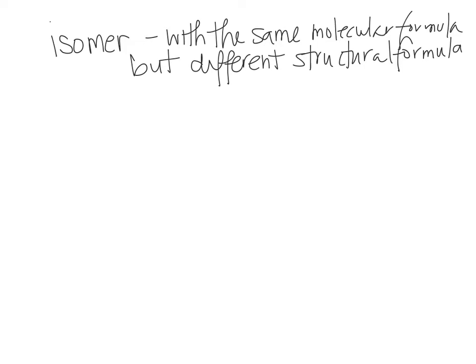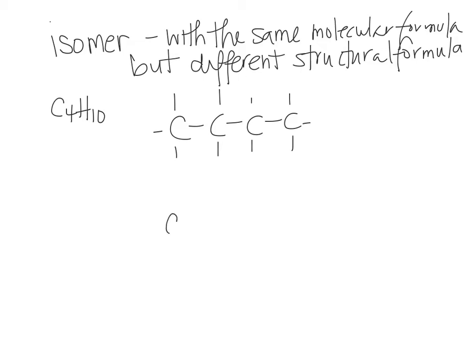For example, C4H10. Each carbon could be bonded in a chain. So each one of these carbons has enough bonds so that it makes 4 bonds. You put in your H's. Now, this has a structural isomer where only 3 carbons are in our longest carbon chain, but the middle carbon has another carbon coming off of it.